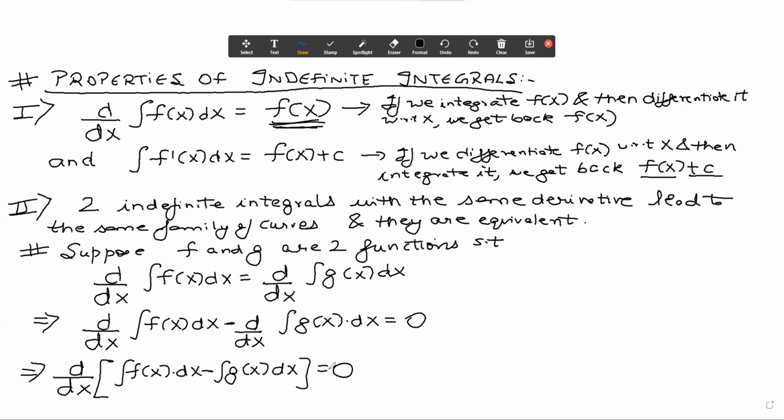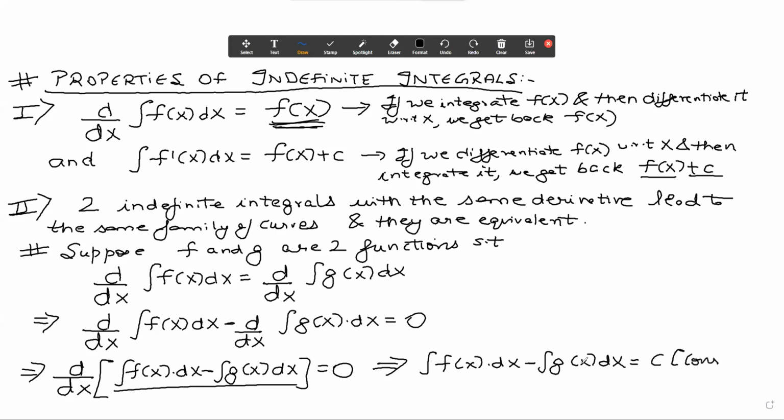So I can say if my derivative of this is equal to 0, what does this mean? This means that this whole term is nothing but a constant, because all of us know that derivative of a constant is 0.